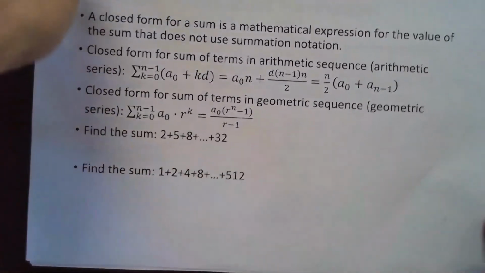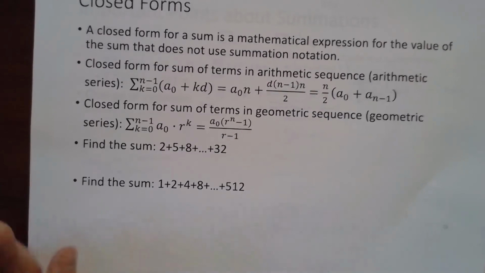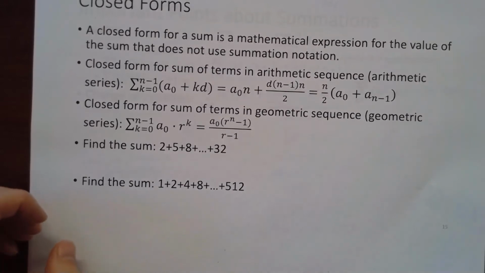Before we move on to our next proof techniques, we want to talk about closed forms. A closed form for a summation is an expression that will give you the value of the summation, but it doesn't use summation notation. Again, you probably have seen these somewhere. For example, we talked about arithmetic sequences last time.